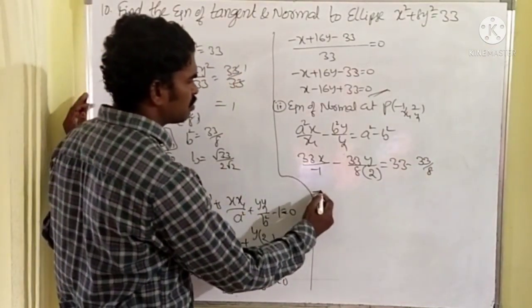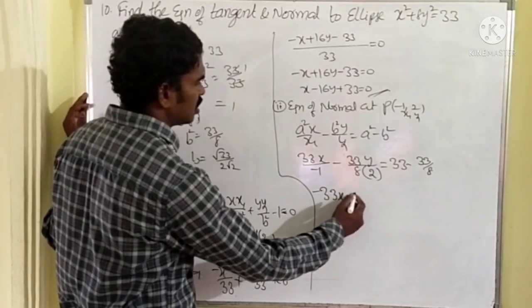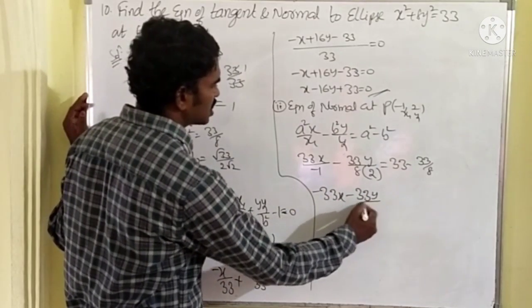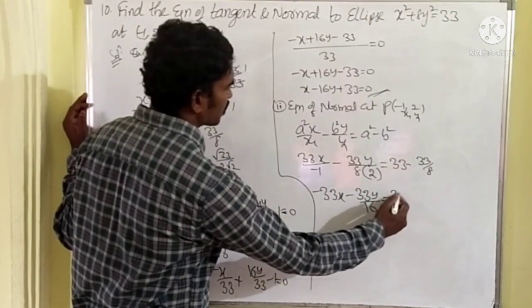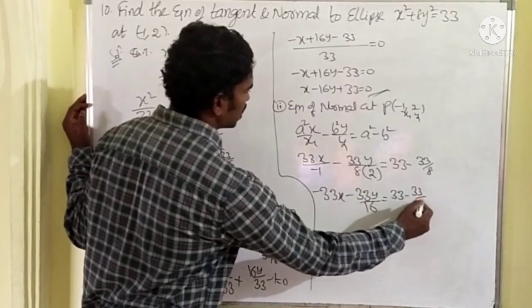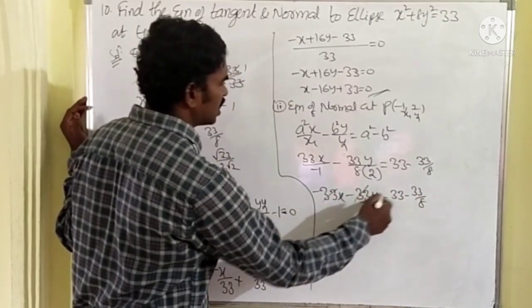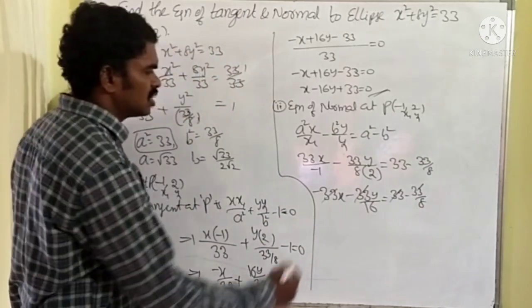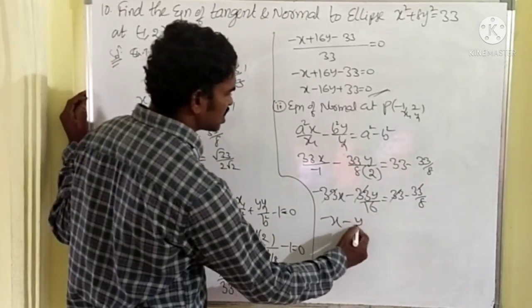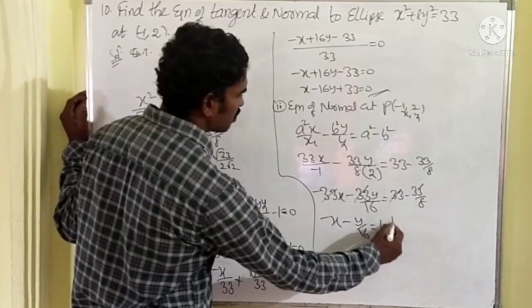So it becomes minus 33x minus 33y by 16 is equal 33 minus 33 by 8. Of course each 33 we take common and it gets cancelled. So we get minus x minus y by 16 is equal 1 minus 1 by 8.